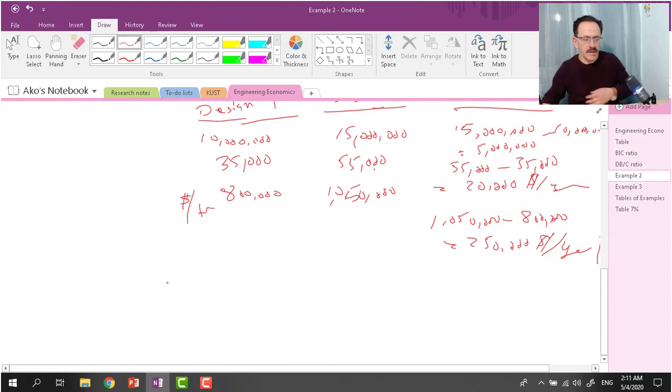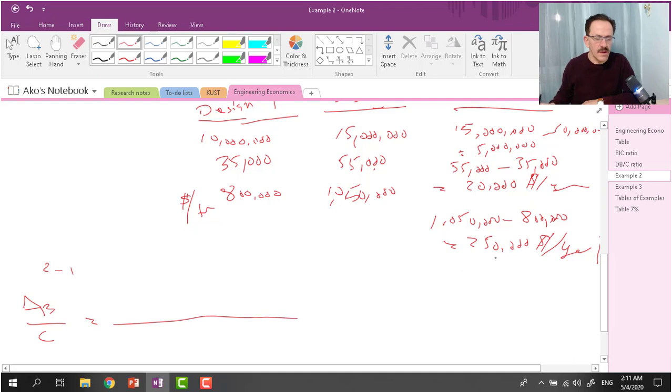Correct. Now I want to find the delta B over C ratio between 2 and 1. This is cost, so we have $5 million. This is dollars only, so we have to modify it.